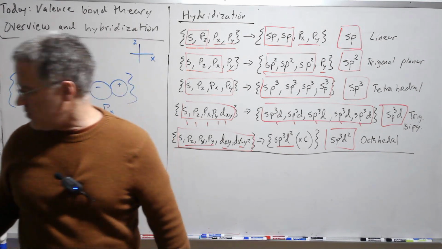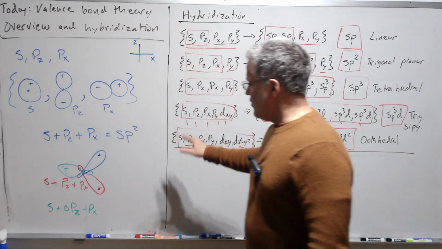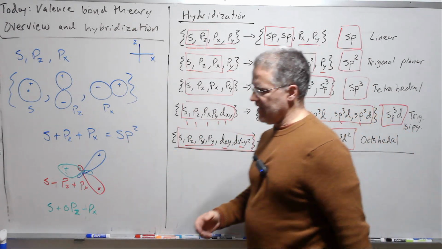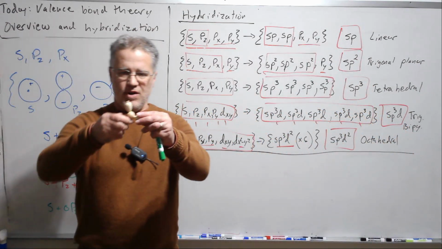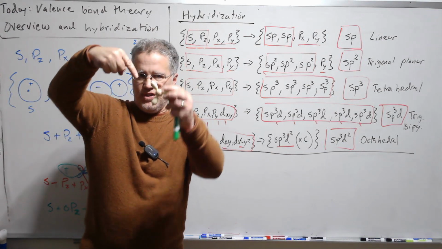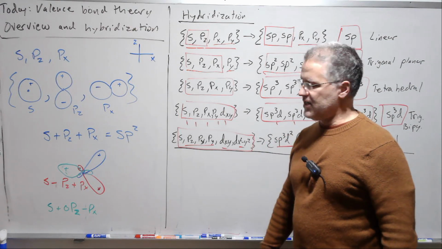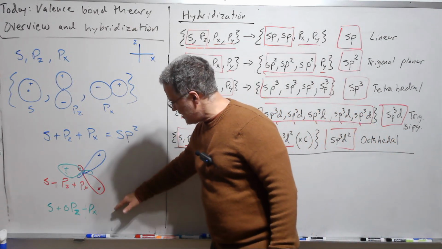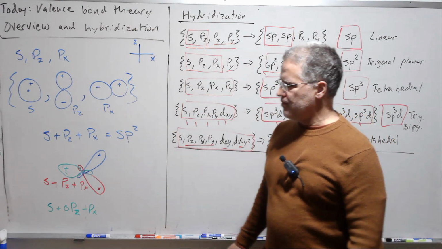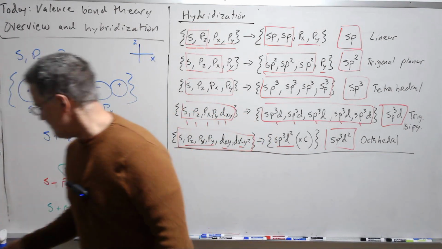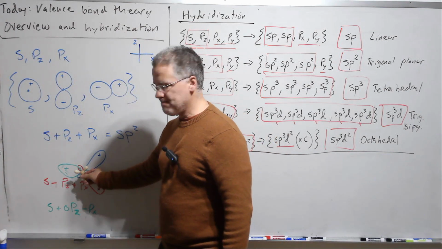Okay. So you can rotate this any way you need it to come in and bond with something else by just tweaking the linear combinations. So this set here is the set that will make it look like this. Okay.